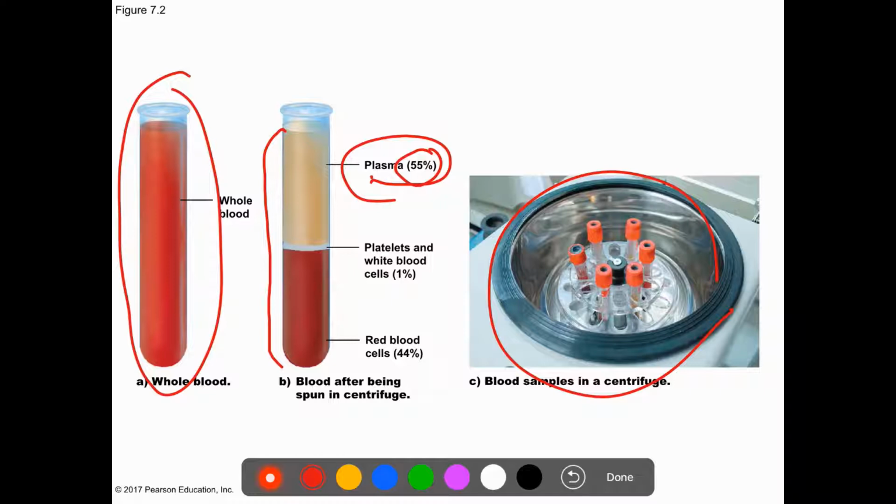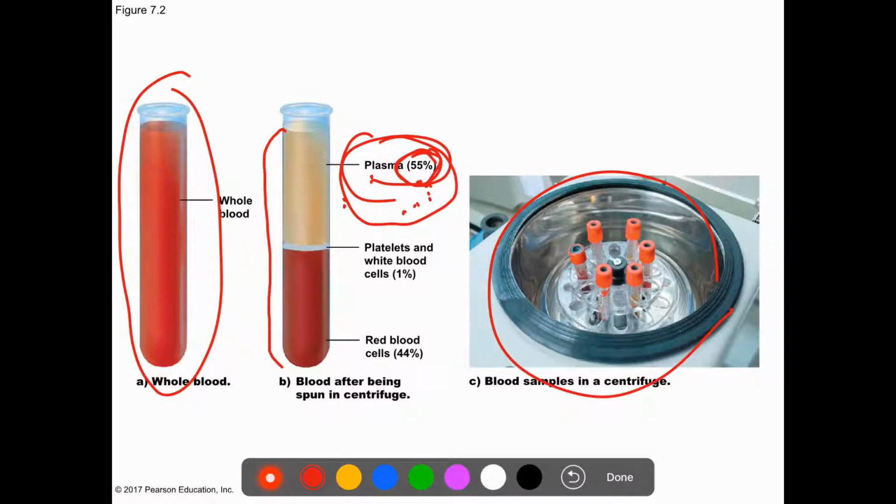The upper part would be the plasma. This would form around 55% in a healthy person, and we will see that most of this 55% is water. Within the plasma, as I said, we have water, ions, proteins, hormones, gases, nutrients and waste. All of them are dissolved within the plasma.